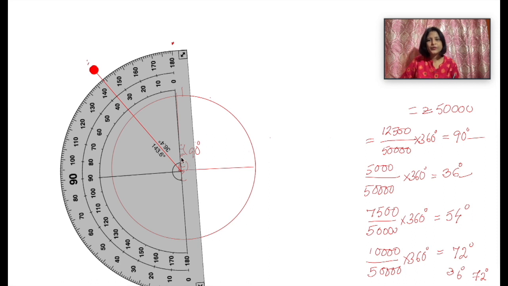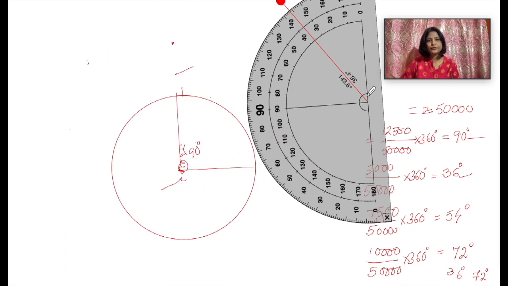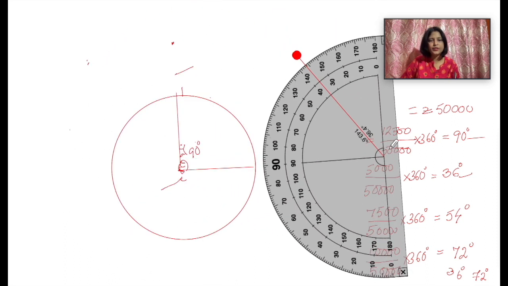Okay, now removing the protector, I have to join it using a ruler. I'm just keeping the protector aside and joining this point with the center of the circle. So this is the other sector.